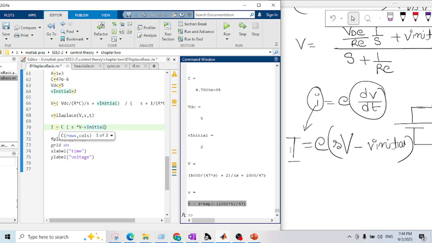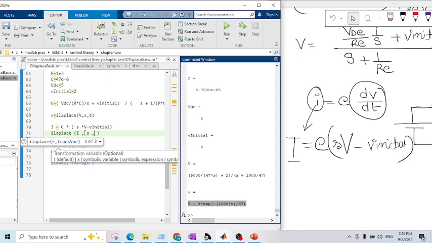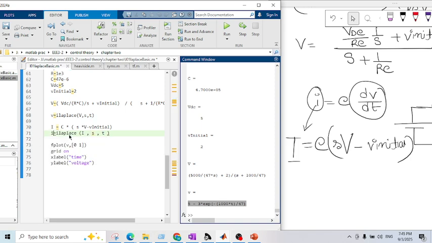Okay, so now we have to write s star V minus V initial, and now we have to make an inverse Laplace transform here. This capital I is in S domain but we want to convert it into time domain, and let's take the result in the I variable.